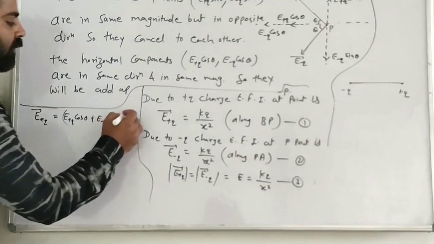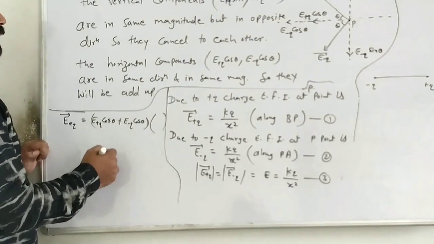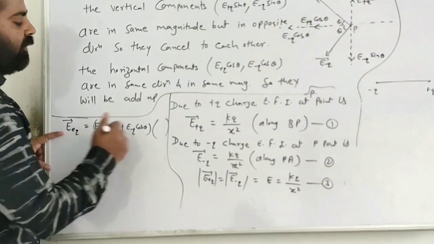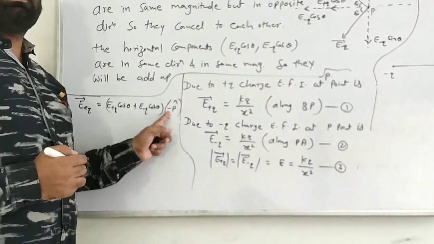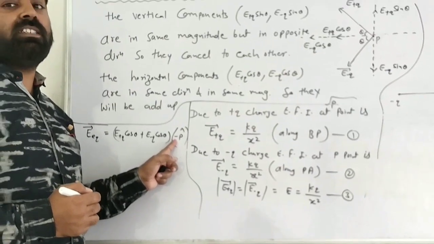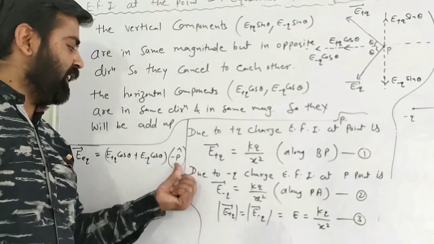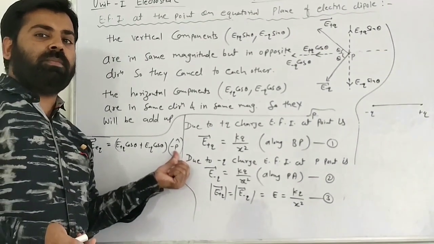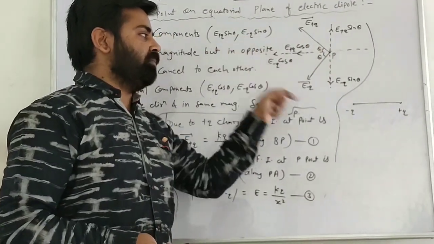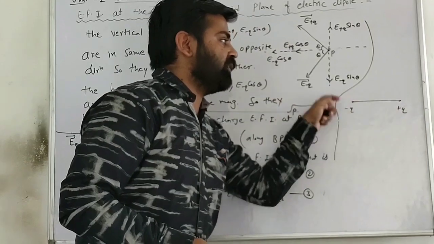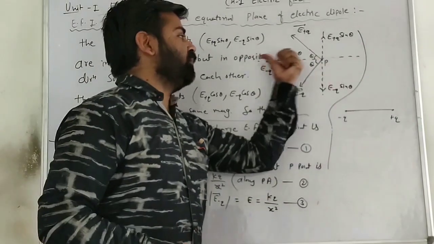So we write the direction of the resultant electric field intensity as minus p cap. The negative sign denotes that the direction of the electric field intensity is opposite to the electric dipole moment direction. p cap denotes the direction of the electric dipole moment, from minus q to plus q, and this direction is from plus q to minus q.